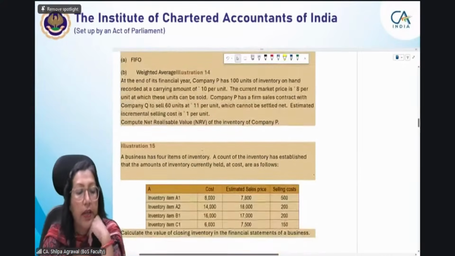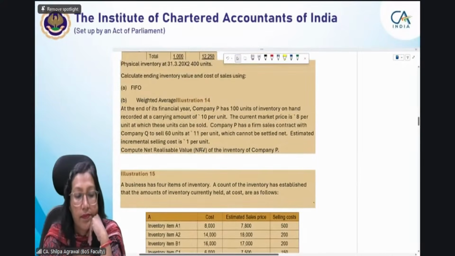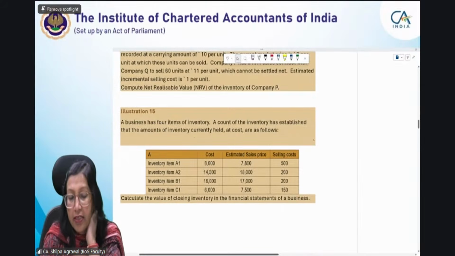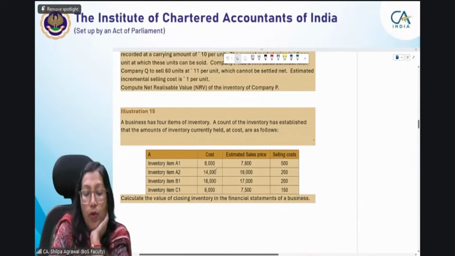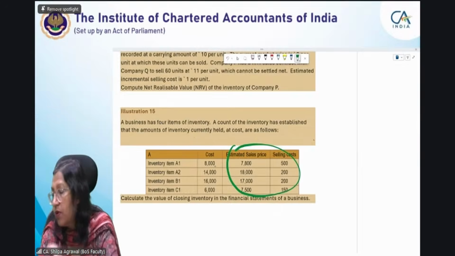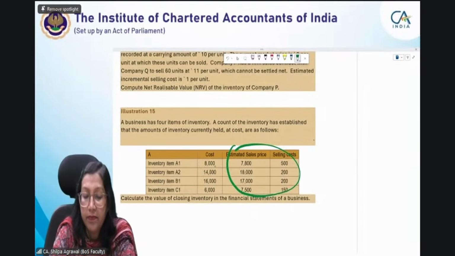This is item by item, which we mentioned. We have four kinds of items, A1, A2, B1, C2, illustration 15. Cost is 8,000. I want the NRV of every item. Just help me, students, to calculate the NRV of every item here.